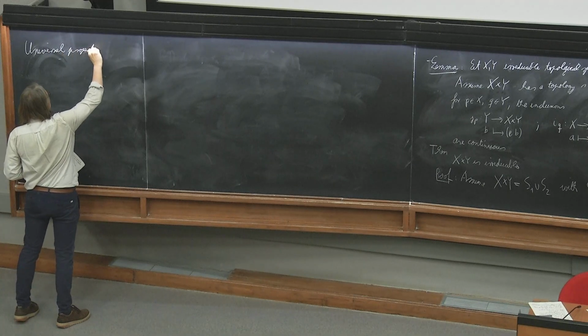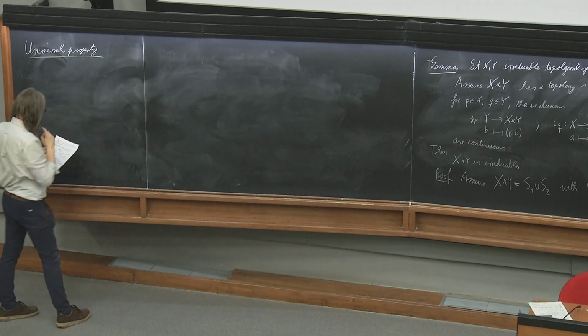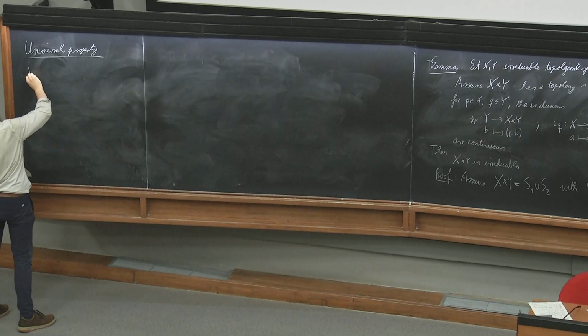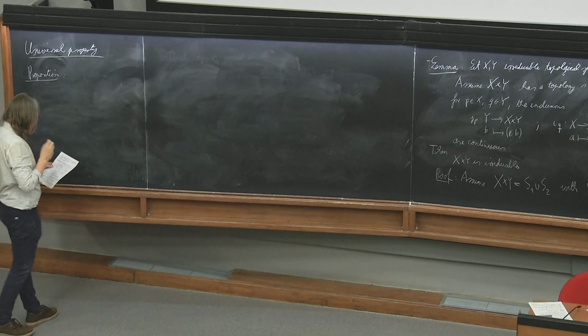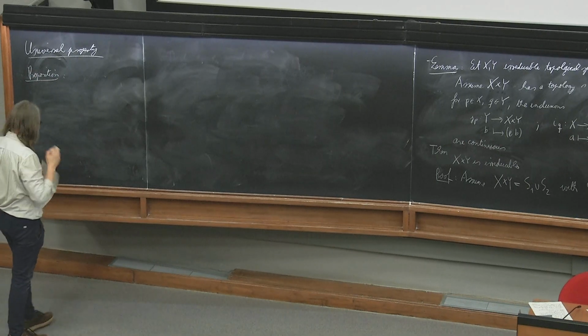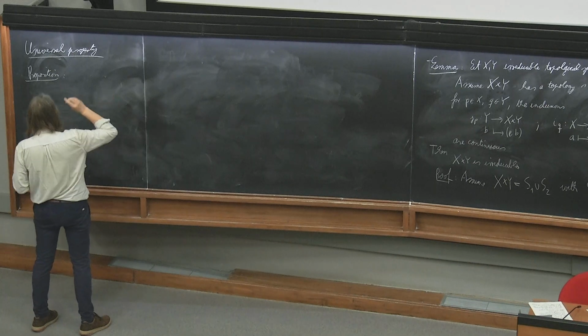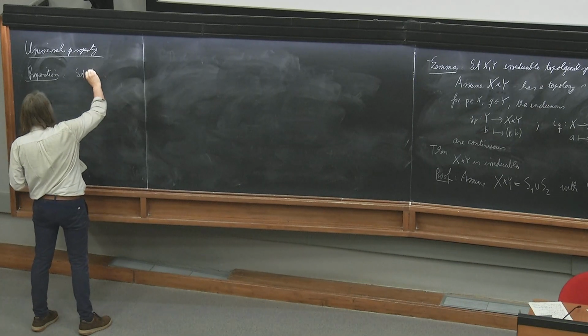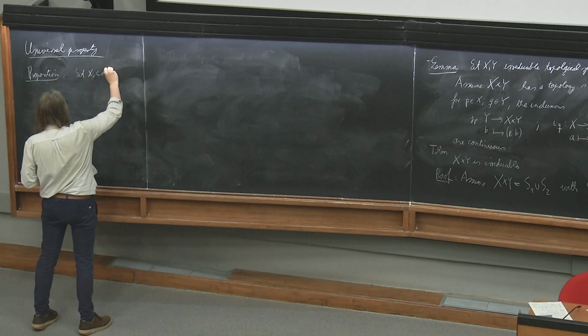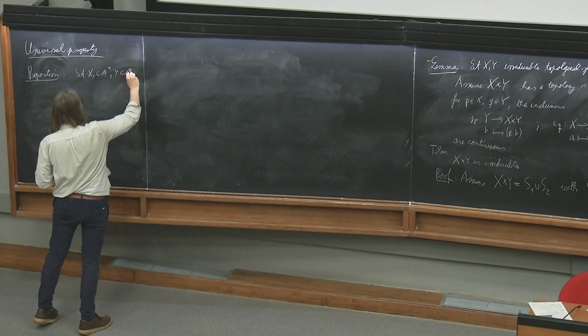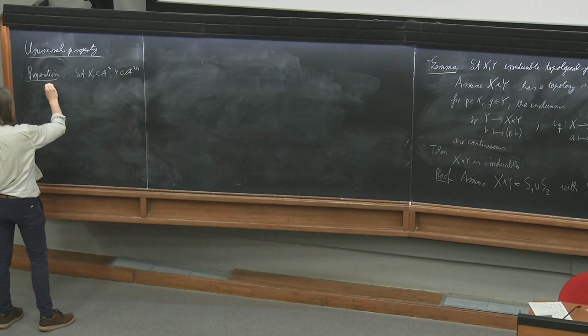In this case, it's something very simple, and it's also very easy to prove. So proposition: let x and y be affine varieties.